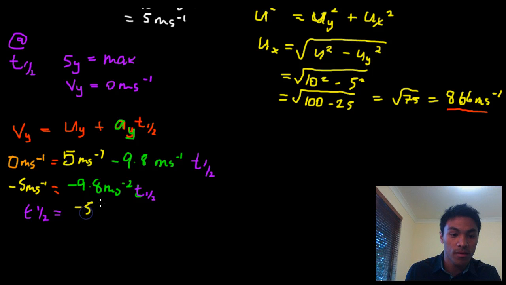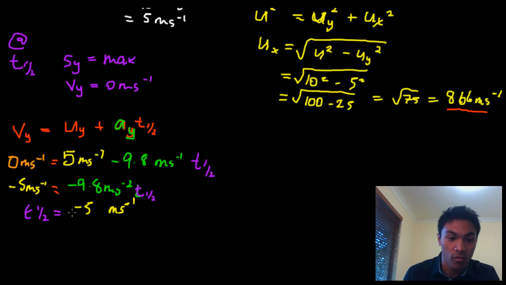So in order to get our t half, so the time at halfway, it's going to be our -5 meters per second. And I'm going to do a little bit of cancellation here in terms of our actual units. So this particular part is not wholly necessary as long as you maintain the unit correct at the end, but I'm going to show you something quite interesting.